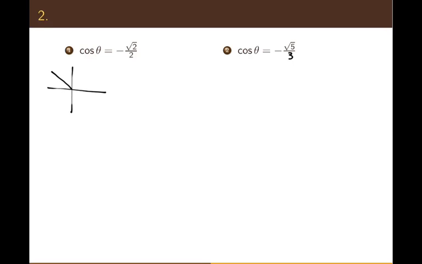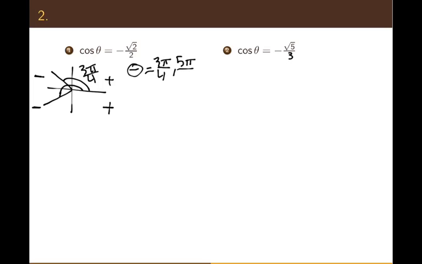We recognize that it's over here, because cosine is negative on the left side and positive on the right side. This angle here is 3 pi over 4, and this angle here is 5 pi over 4. So the solutions are 3 pi over 4 and 5 pi over 4.